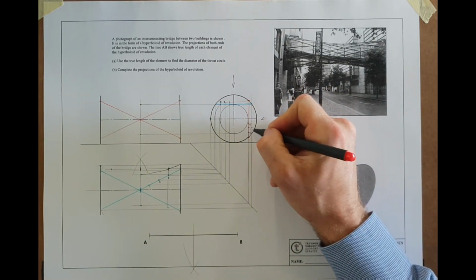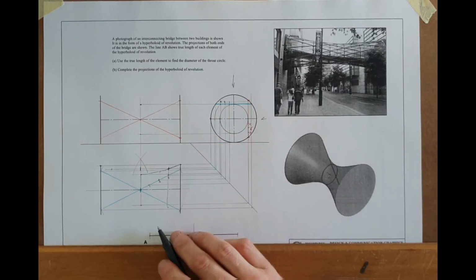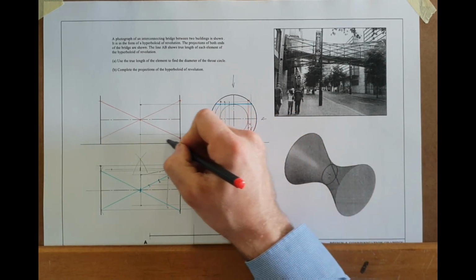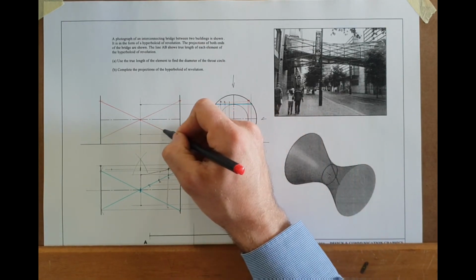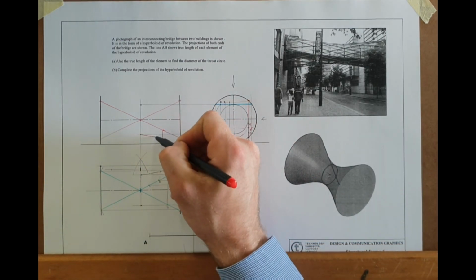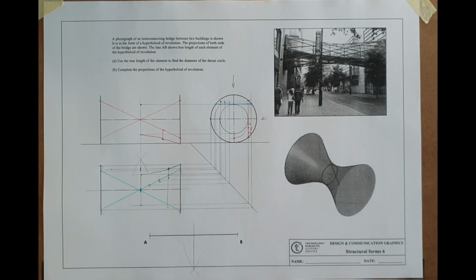Find the original points 4, 5 and 6, rotate them down, across, that was number 5, and it drops, and you get your points for this curve. That's structural forms, sheet number 6.